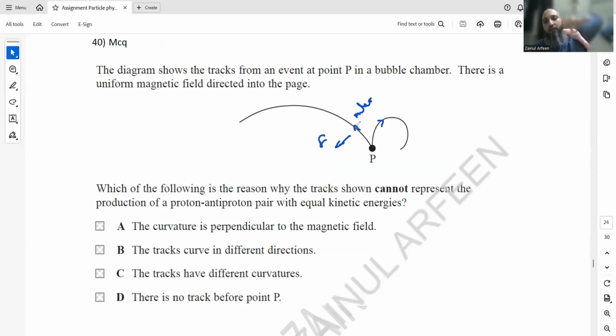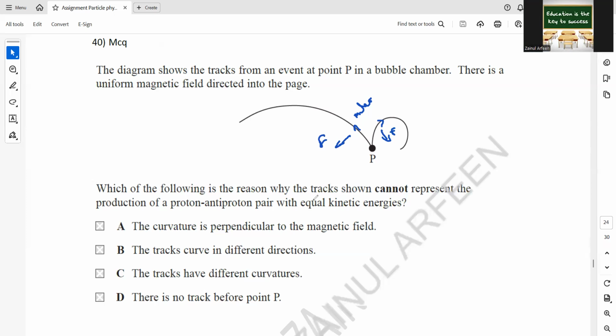So this particle is following the left hand. But if I try to apply the left hand for the second particle, the force should be towards the center, but according to the left hand the force is in this direction. So this is not the positive particle, this is a negative particle. It won't follow the rule. The negative will be opposite.